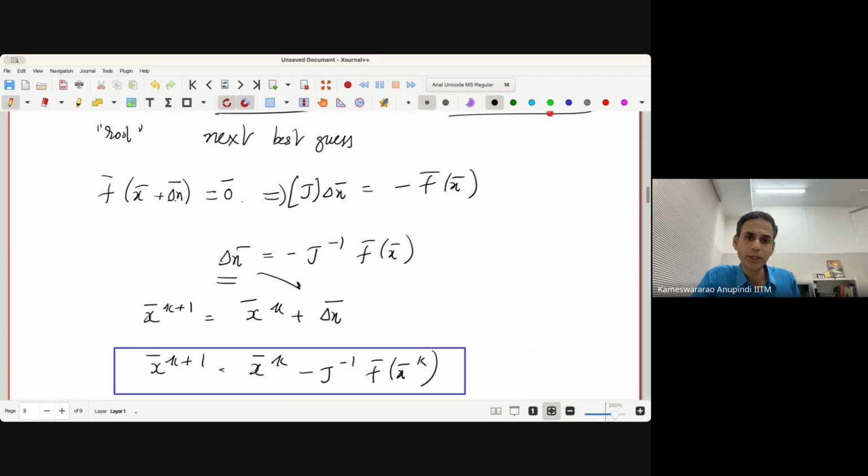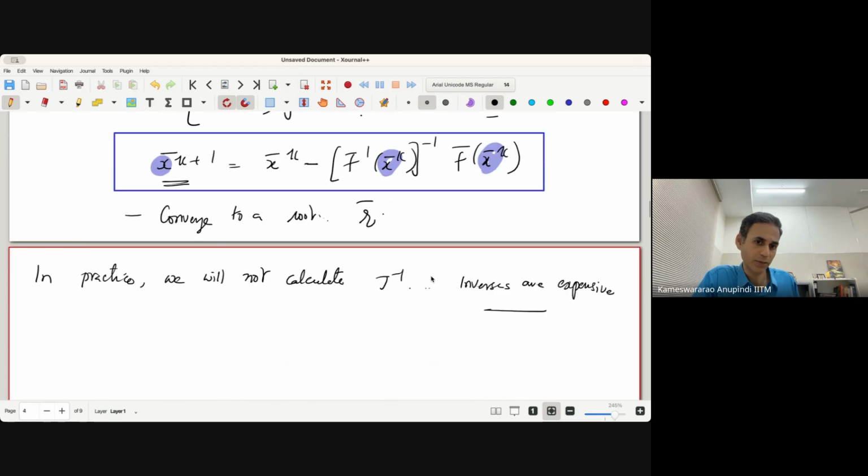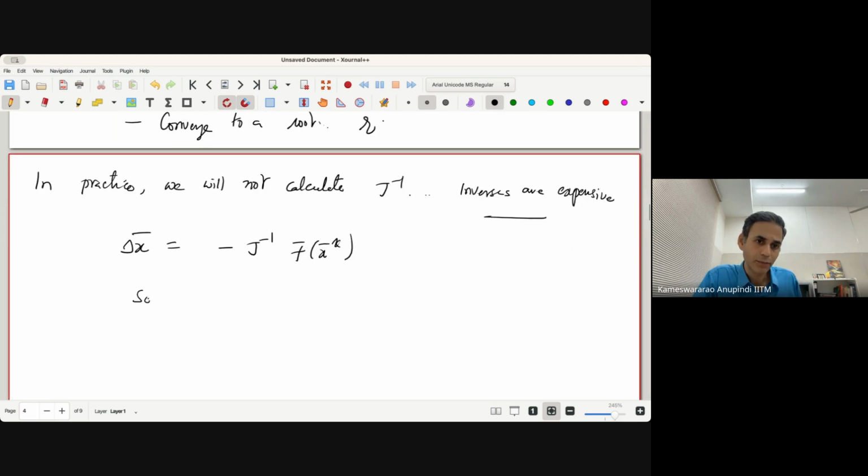Instead of solving delta x bar equals minus J inverse f bar of x bar k, we're going to use the J inverse on the left hand side.